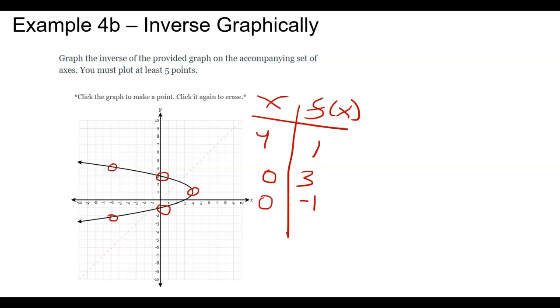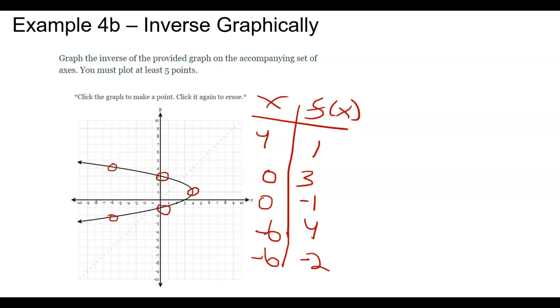And then it also seems to cross at -6, 4, and -6, -2. So those may not be perfect.